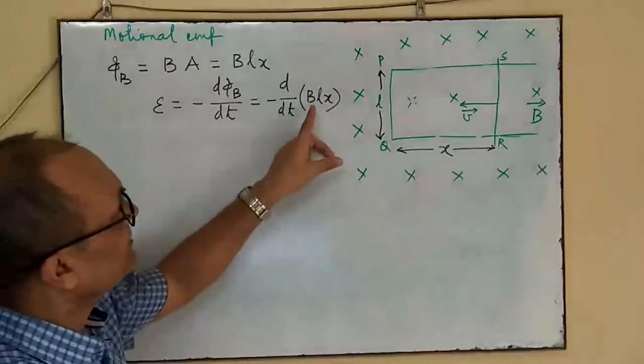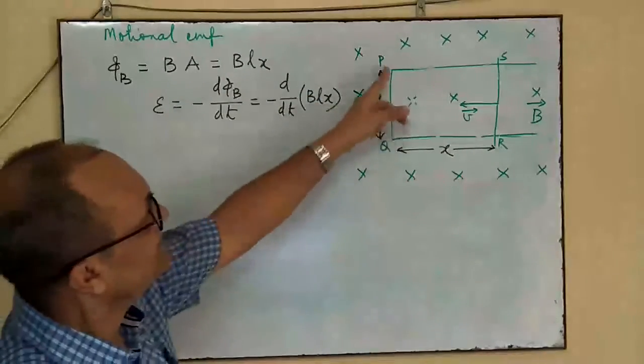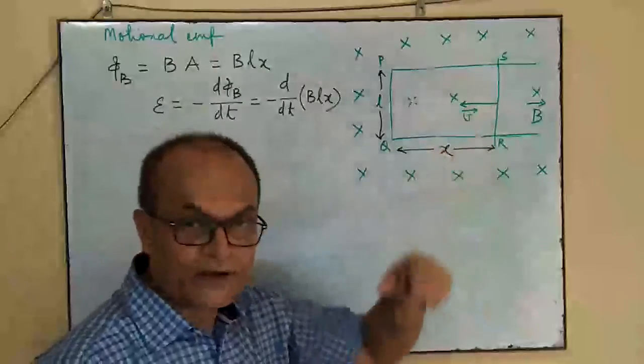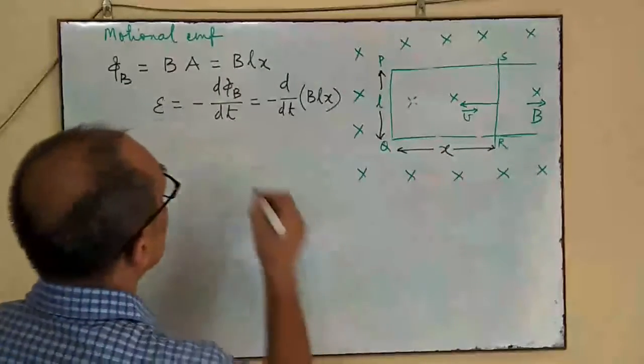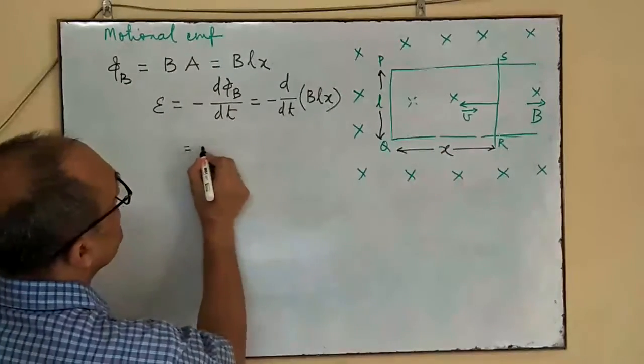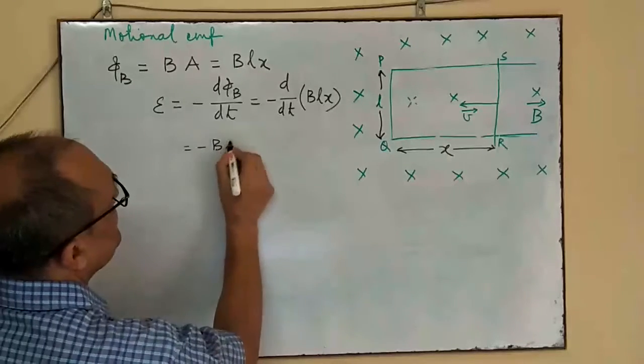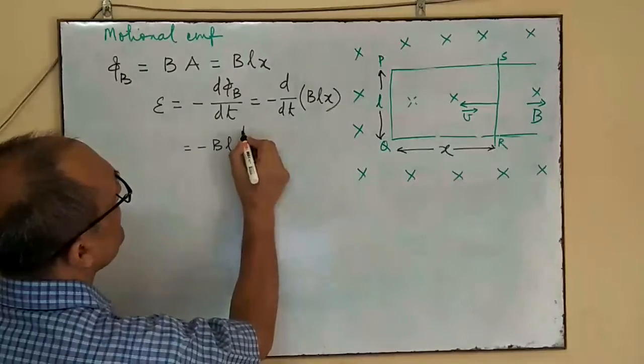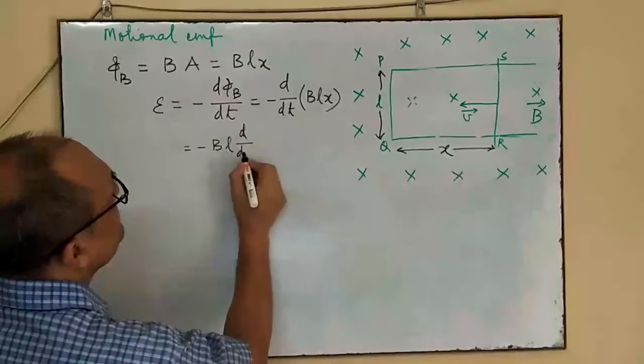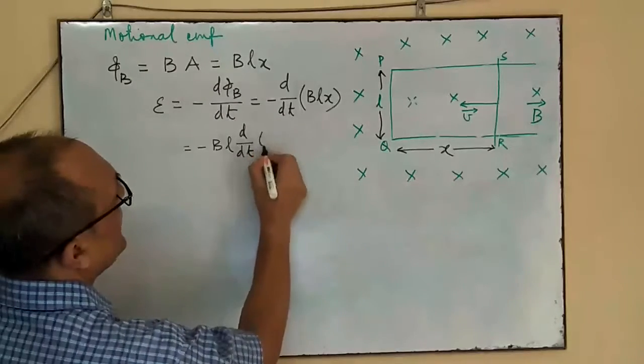We know very well here B and L, the strength of the magnetic field, both are constant, so we will keep them out: minus BL d by dt of x.